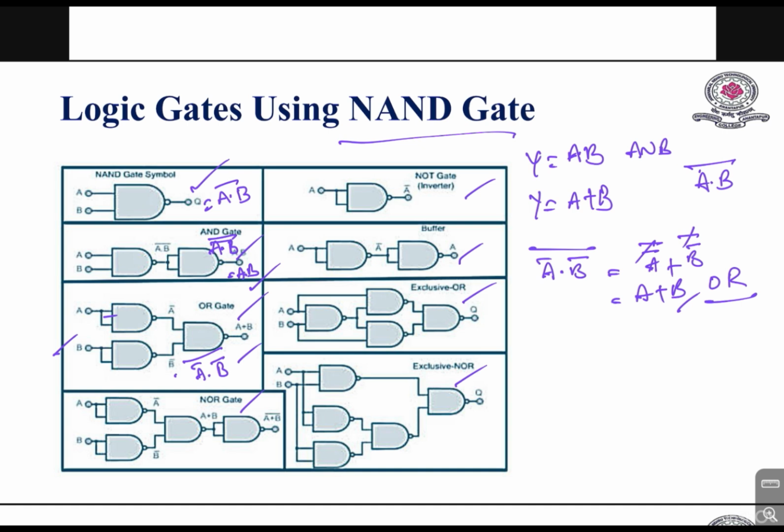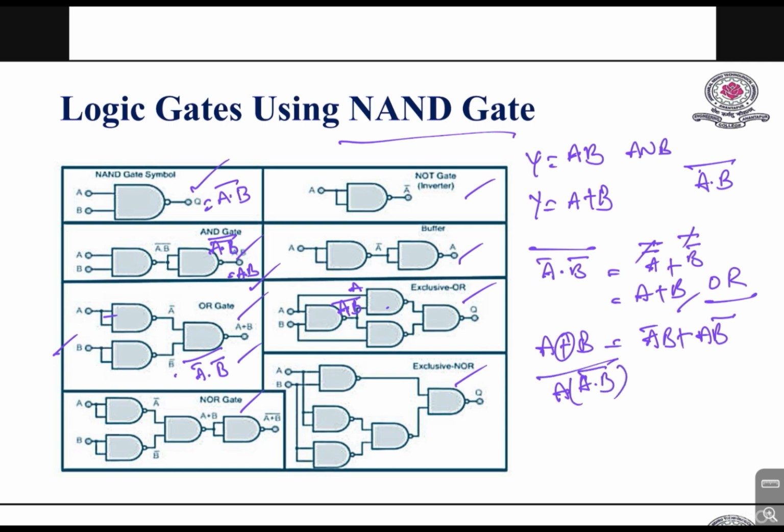So XOR gate is A exclusive OR B. So this can be A bar B plus A B bar. In the same way, here A, B, a two input NAND gate we have taken. Once we take that, A dot B whole bar we'll get here. So one input of this gate is A dot B whole bar and here we'll get A. So A dot (A dot B whole bar) and whole bar.